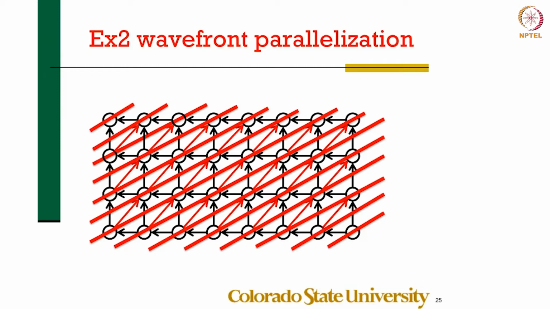It's actually not very artificial, but it is in fact the first metric that people used. Suppose I want to find the fastest schedule. How many time steps does this have? 2n plus m.